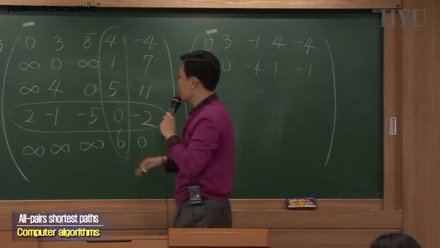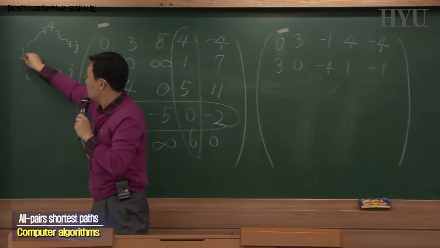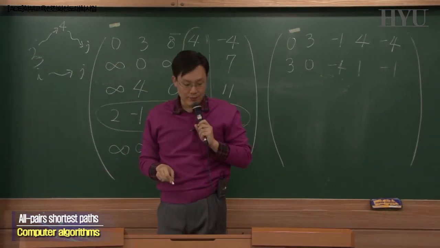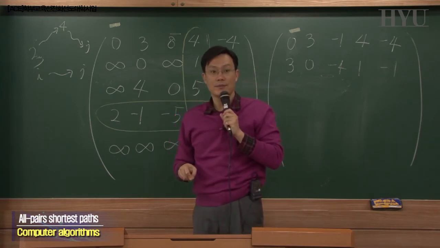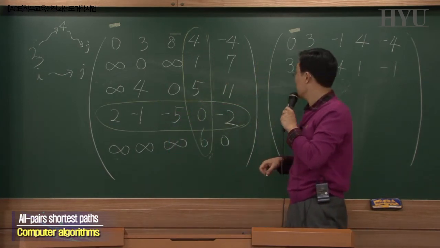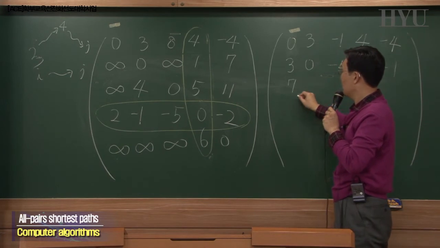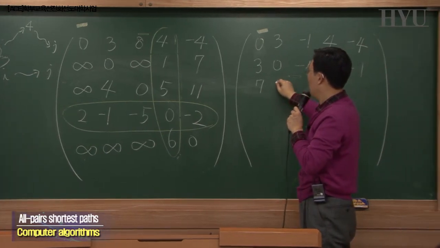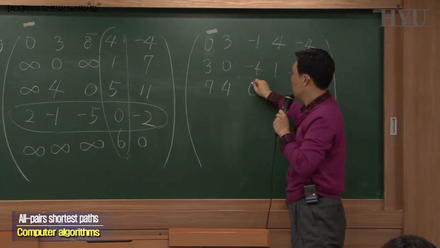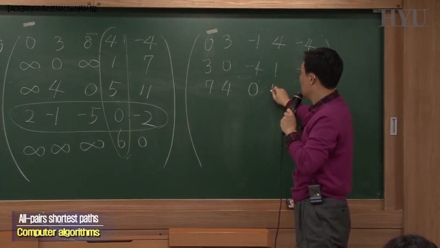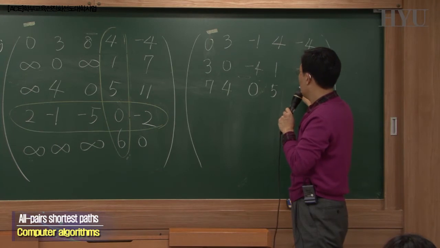And then the next row, when i is 3: 7, 4, 0, 0, 3.